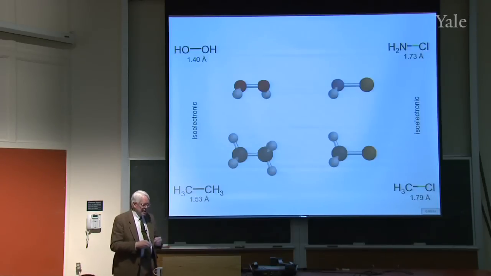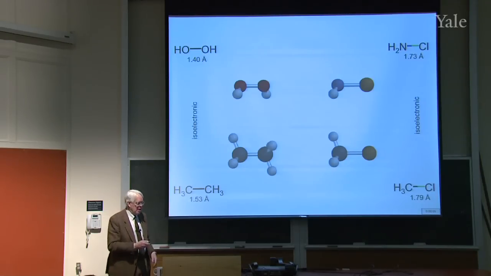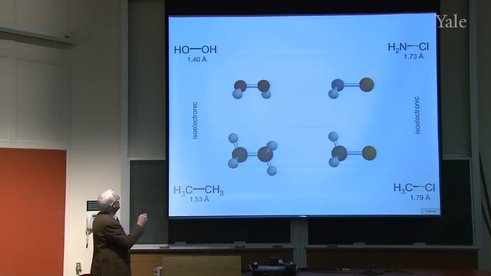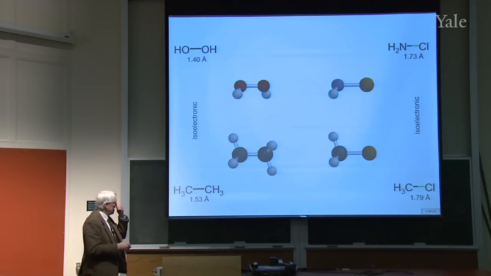Well, the answer I expected was based on this, lone pair repulsion. So here on the left, we have peroxide and ethane. They have the same number of electrons, right? And on the right, we have NCl and methyl Cl, the same number of electrons on the right, okay?